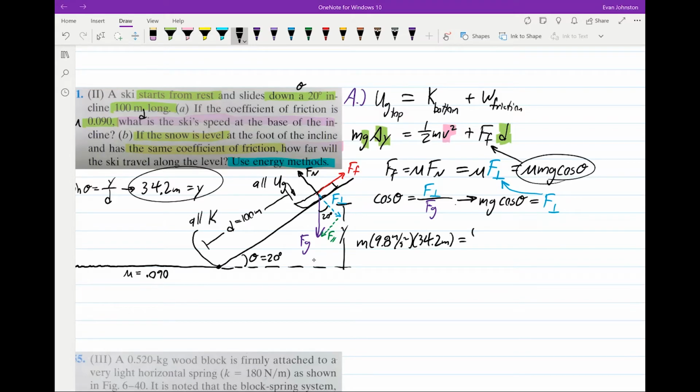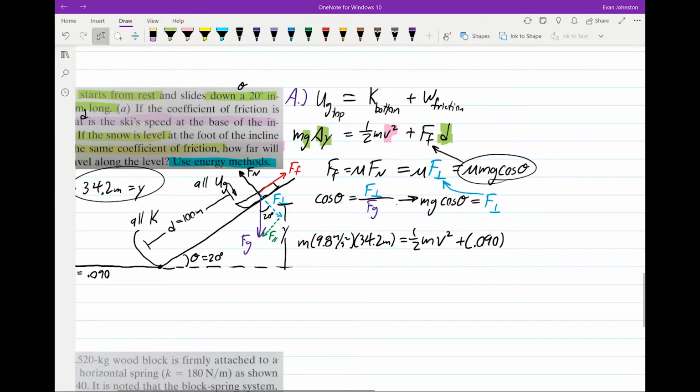That equals my 1/2 mv squared. We're trying to find v, right? Plus mu. Oh, what is mu though? Mu is 0.090 times the mass times gravity, 9.8 meters per second squared, times cosine of 20 degrees, and then we have to multiply it by d at the end, so it's going 100 meters.